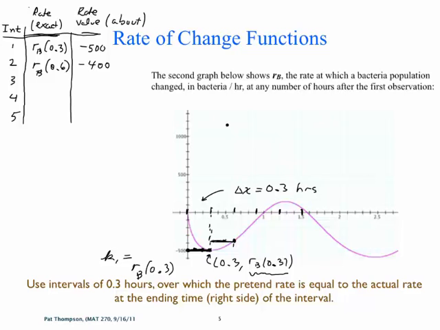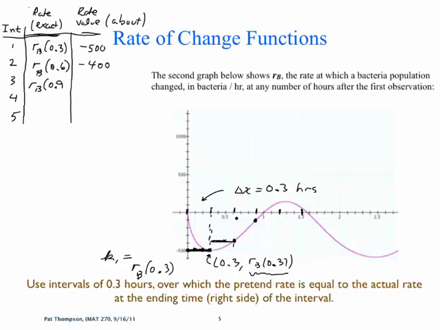Nick Williams, what is the constant rate we're going to use for this whole interval number 3? R sub b of 0.9, the rate at the right side of the interval. And so that's up here.